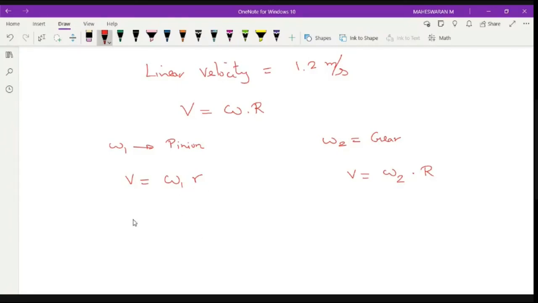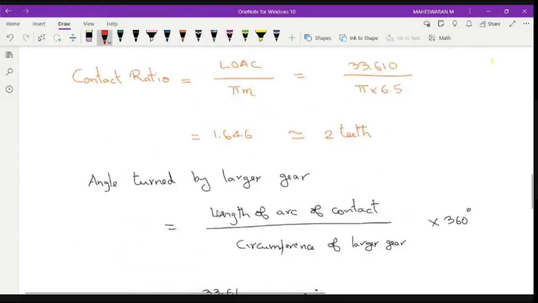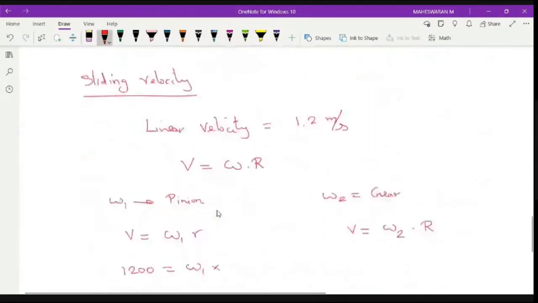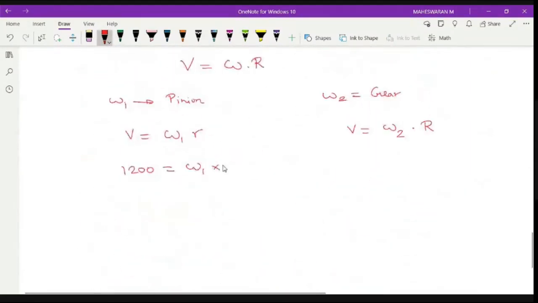So the velocity is 1200, because I am converting to mm, since the small r and capital R are in mm. So 1200 is equal to omega 1 into smaller r. What is your smaller r? 61.75.